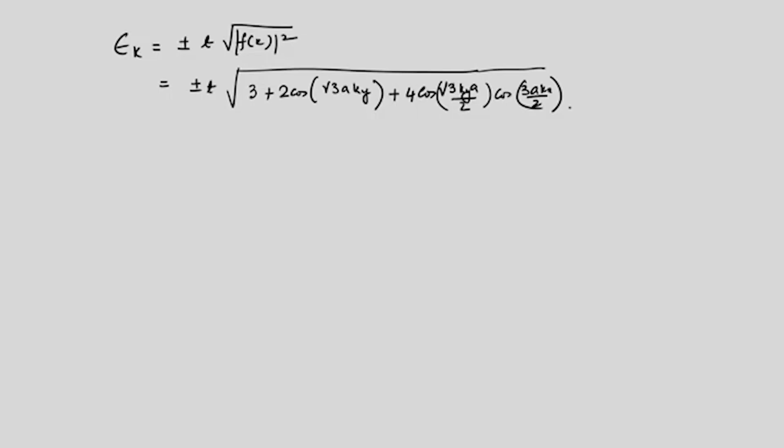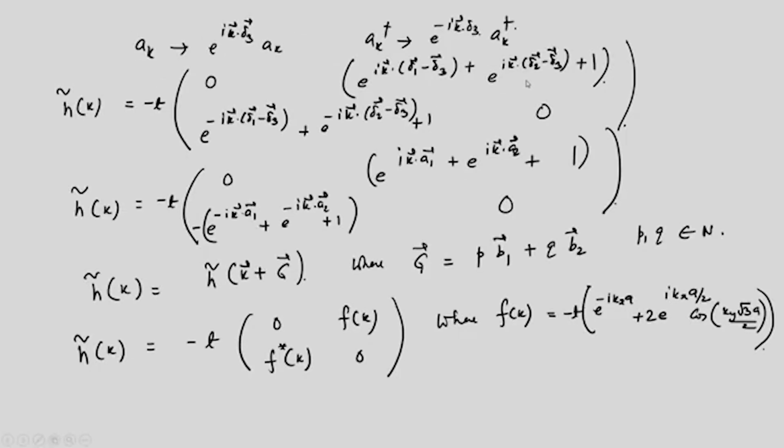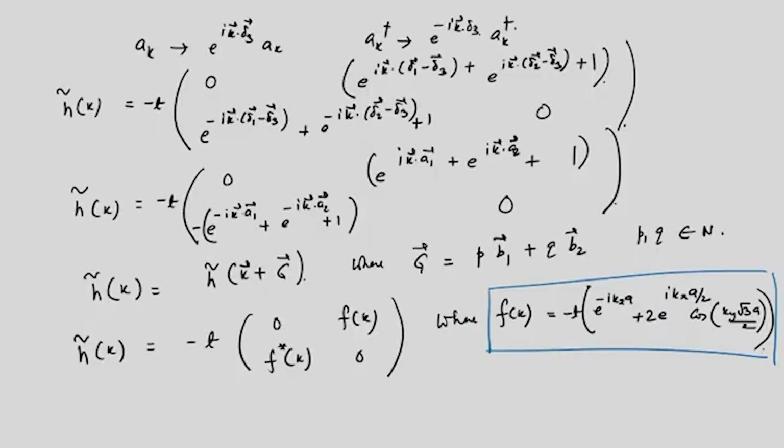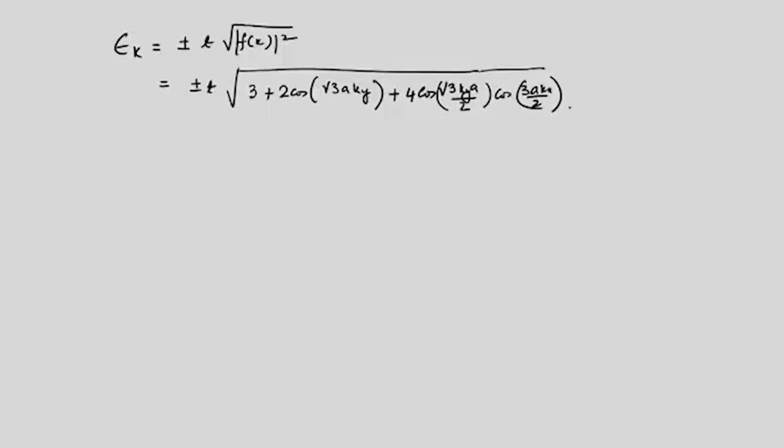You go to this f of k, which has a real part and an imaginary part, and you put them separately equal to 0, because you want to see where it meets epsilon equal to 0, which is the Fermi energy or the chemical potential. So we will put f of k equal to 0 to find out the coordinates of kx and ky for which the dispersion vanishes. And that can be found easily if you do that exercise of putting the real and imaginary parts equal to 0.